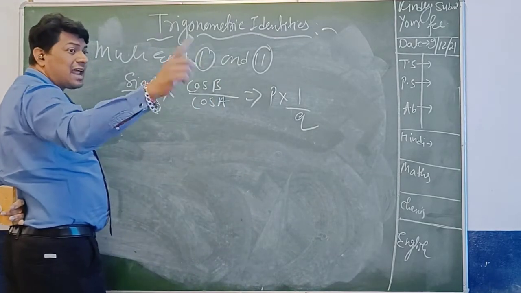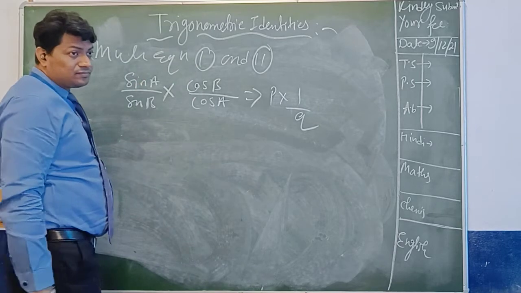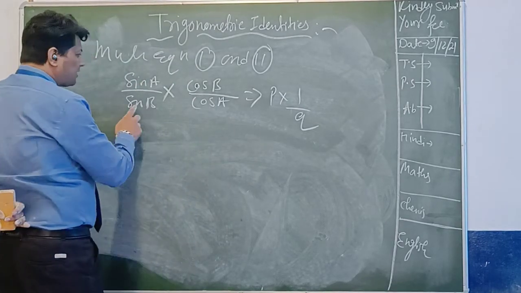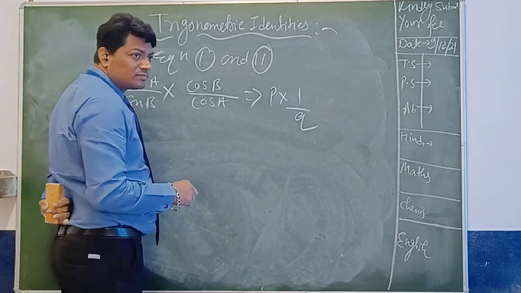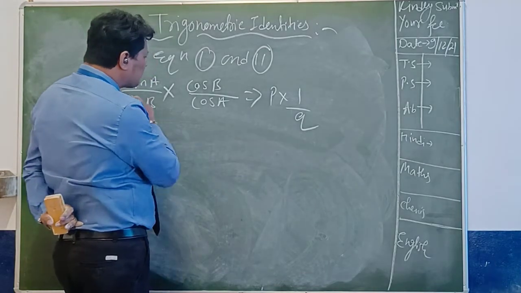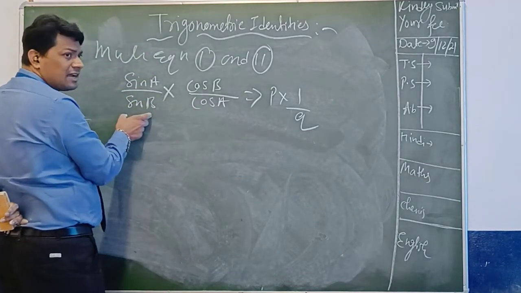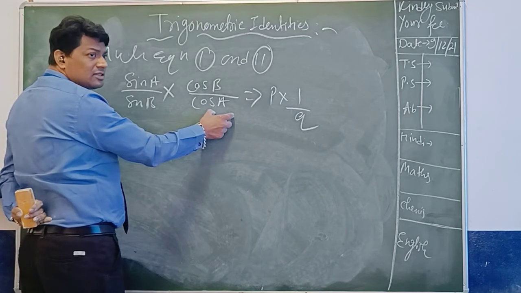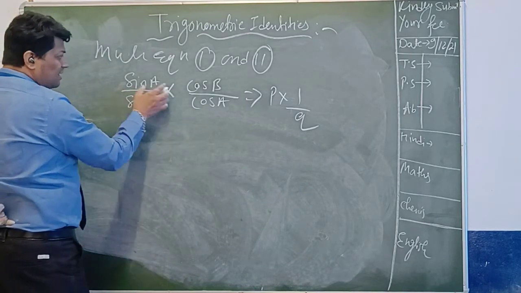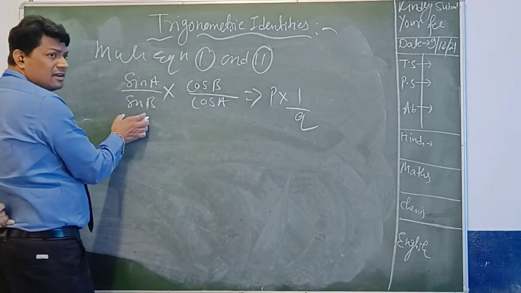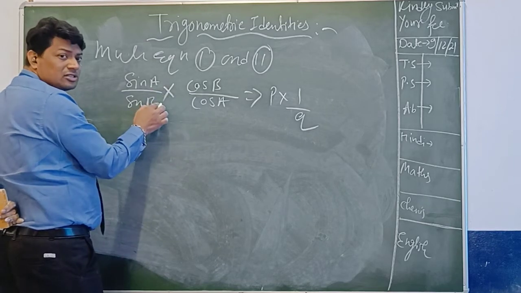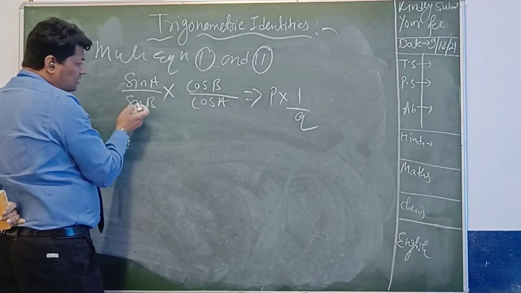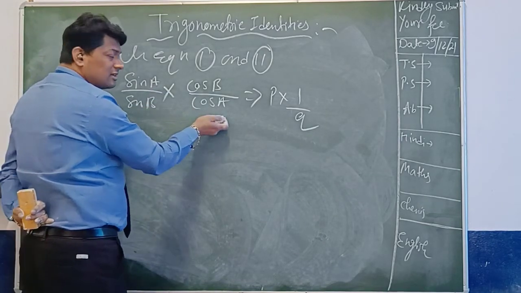We have to go for tan A and tan B. How will we do it? What is the meaning of tan A? This will be this side and this will be this side. Sin A, this will be on this side because this is in multiplication. It can come here and it can go there.